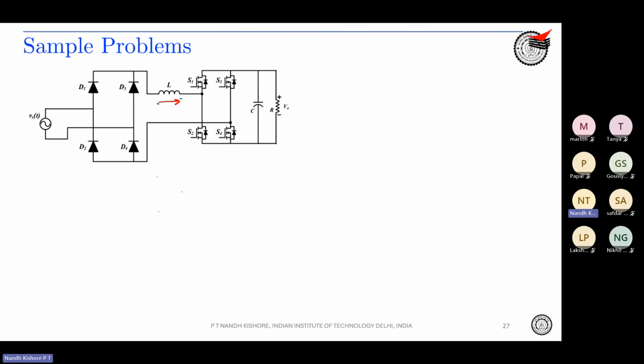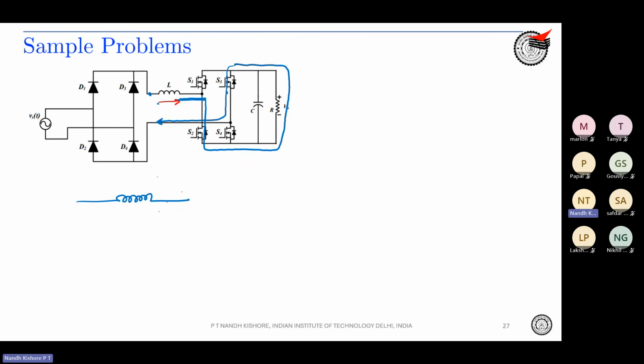S1 is off, so the current has to go like this, go through the load in the reverse direction, and come through S3 and back. It will go through S2, S3, and then back.